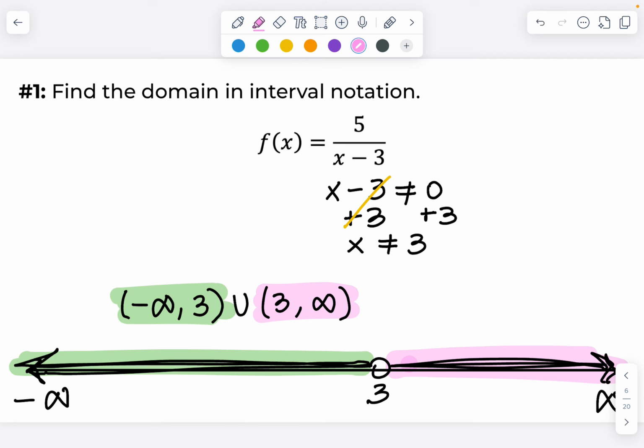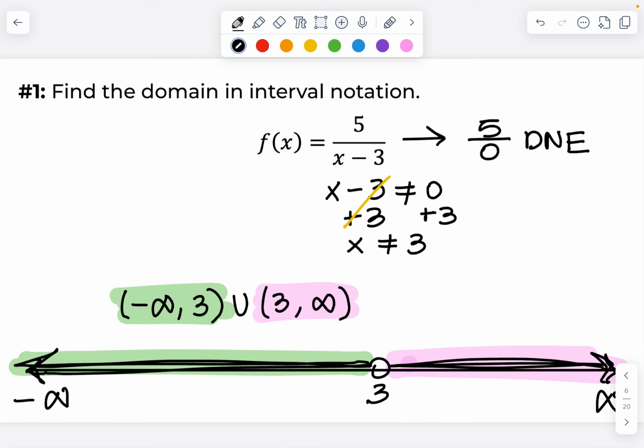So again, I can find my domain without ever having graphed this. And again, guys, the reason why we're setting it not equal to 0, I didn't mention this on the last page, is because if I had my denominator equal 0, notice I would get something that looked like this. And we know that we can't divide by 0, so that does not exist. That's an undefined point.